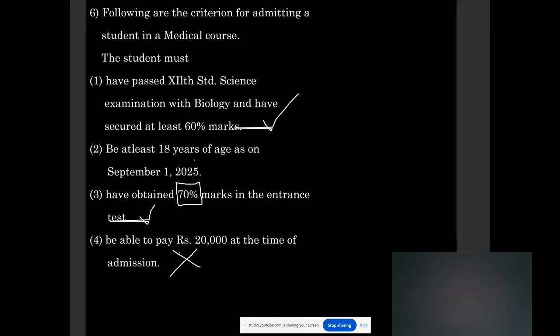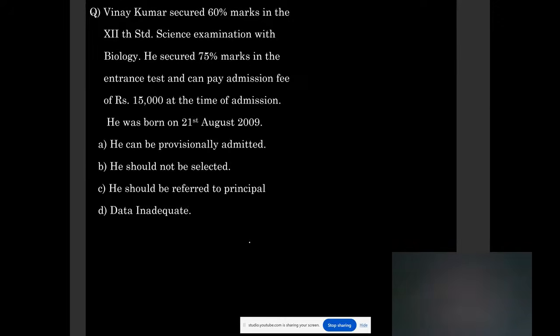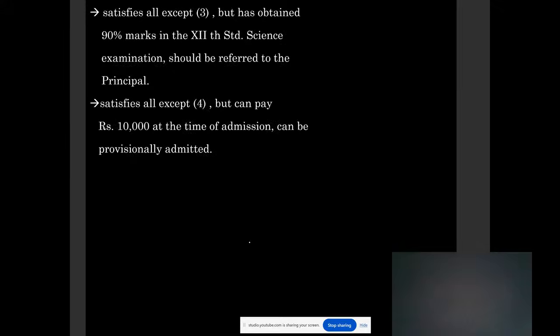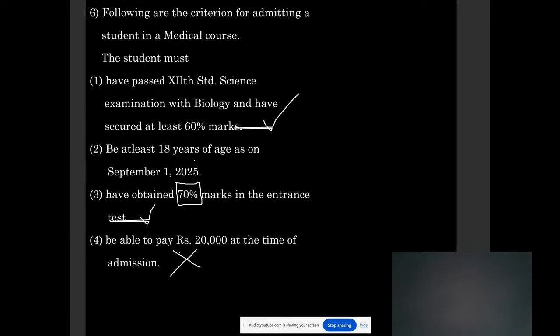Next, we left second one. It is about age. Let us check for second one also from the given information. He was born on 21st August 2009. That is his birthday. So in 2009 he was born. Here the age should be at least 18 years as of September 1st, 2025.